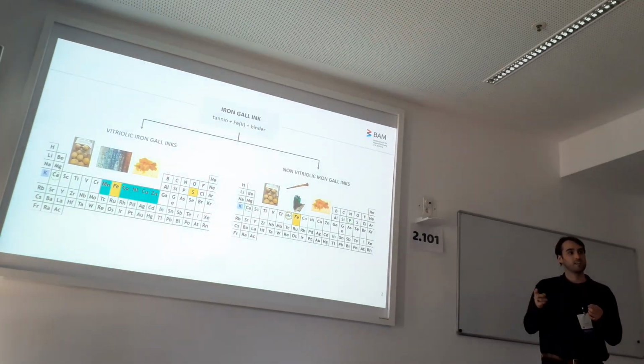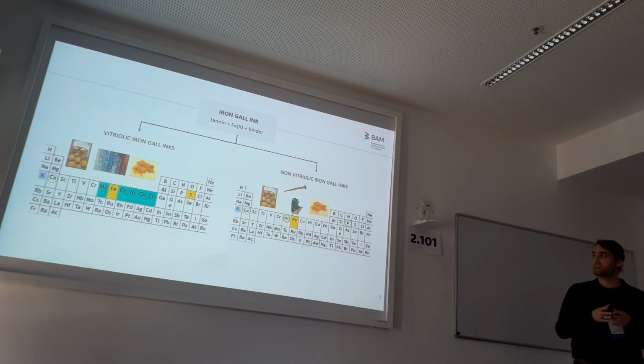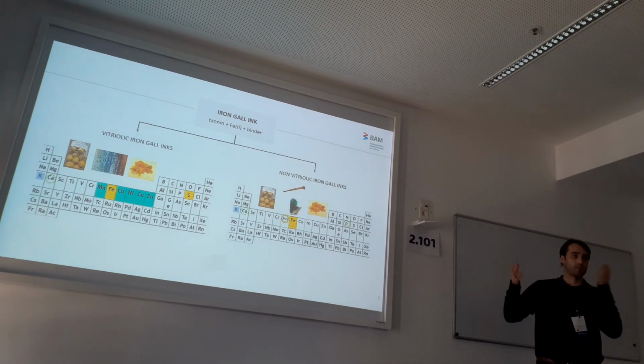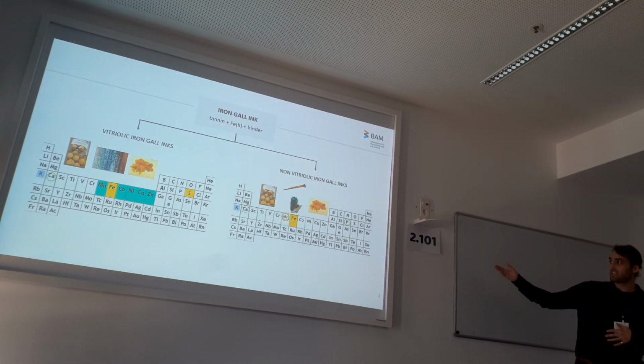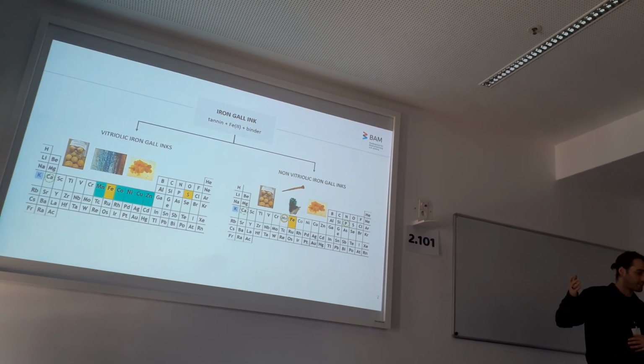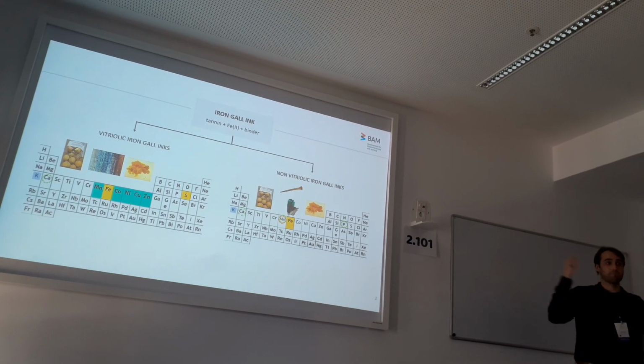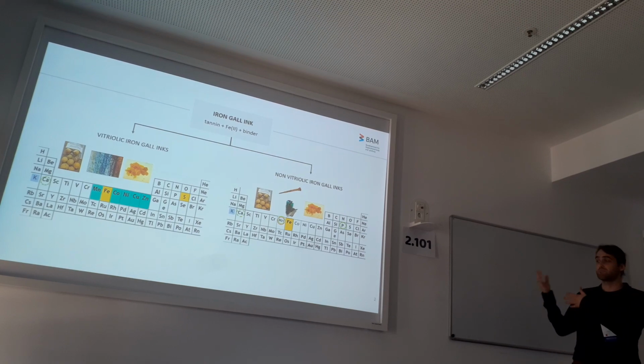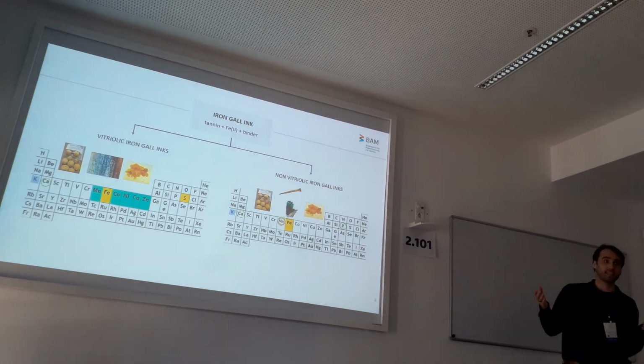In vitriolic inks, as Professor Rabin already mentioned, we also always have sulfur, which comes from the sulfates, potassium, sometimes calcium. On the other side, we see that non-vitriolic inks contain basically just iron, sometimes some manganese as an impurity from other minerals, or from metallic iron.